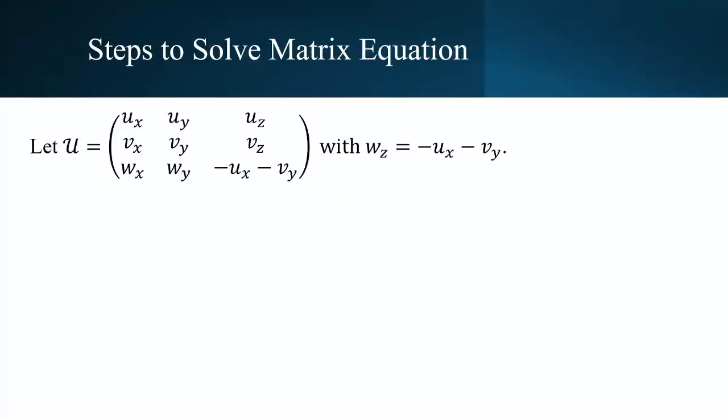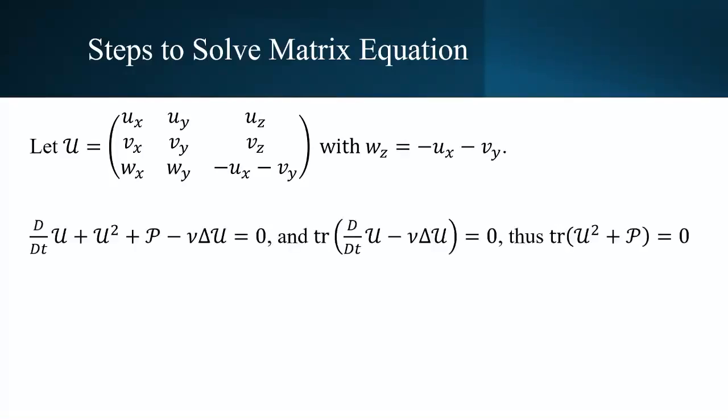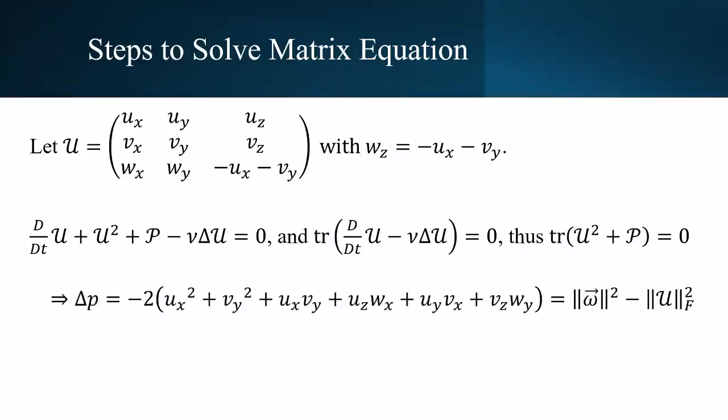So first we can reduce one variable by letting wz equal negative ux minus vy, because we are dealing with incompressible flow. And since the trace of u equals 0, the trace of d over dt of u and the Laplace of u are both 0. So these two terms have 0 trace, thus the trace of u squared plus P should be 0.